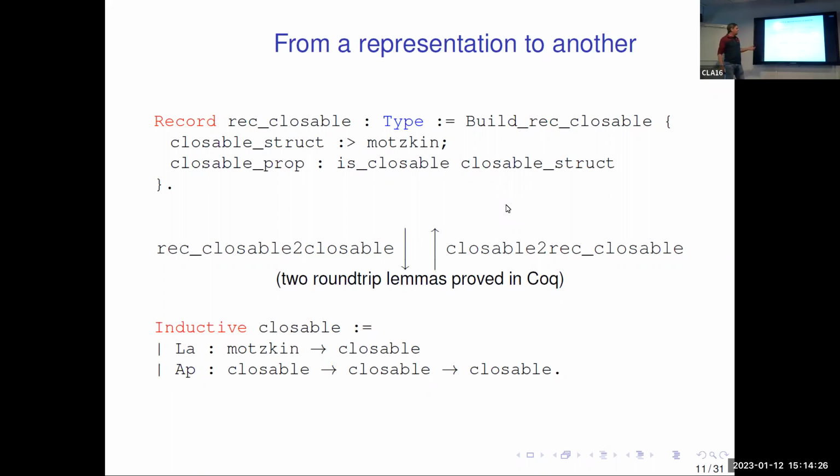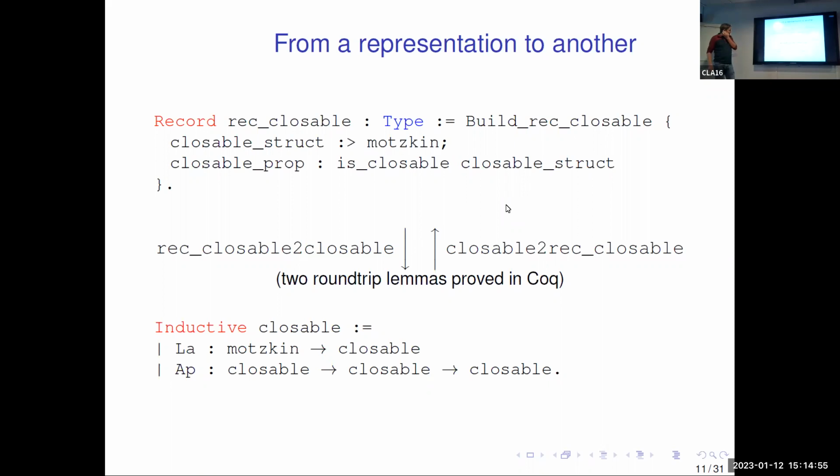But there are other ways to describe closable lambda terms, and one easy way is just to use this construction with only two constructors, LA and app. So LA says, okay, if I take a Motzkin tree, I can create a closable one. I just need to put a lambda in front. And on the other side, if I have two already closable lambda terms, then if I do the application of the two of them, they're still closable.